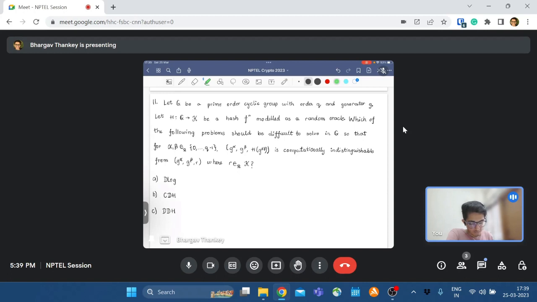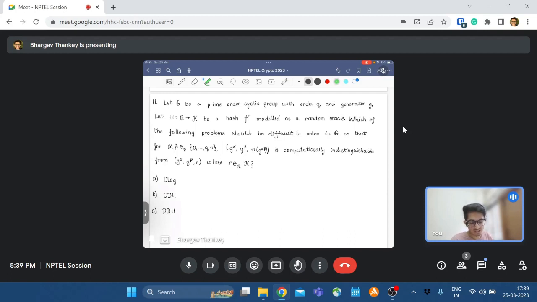Then which of the following problems should be difficult to solve in G so that when alpha and beta are picked uniformly at random from 0 to q minus 1, the tuple g^alpha, g^beta, and H(g^(alpha beta)) is computationally indistinguishable from g^alpha, g^beta, R, where R is a random element of K? And the options are discrete log, CDH, DDH.